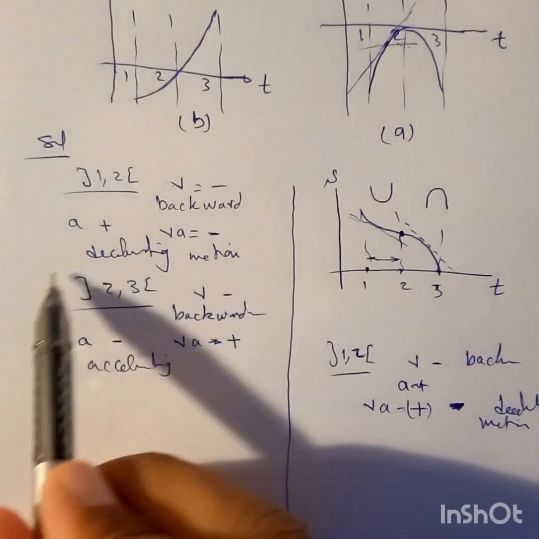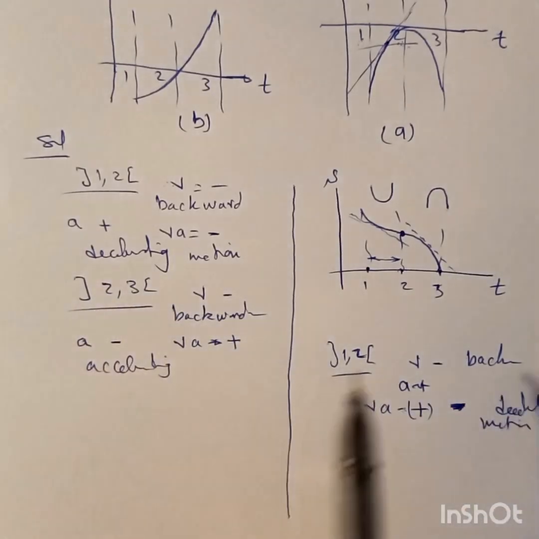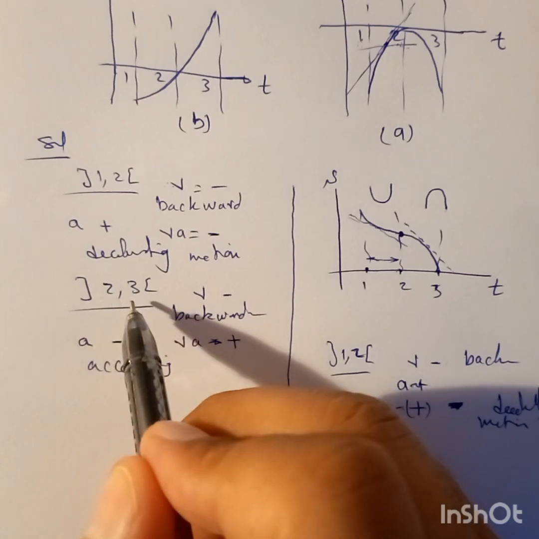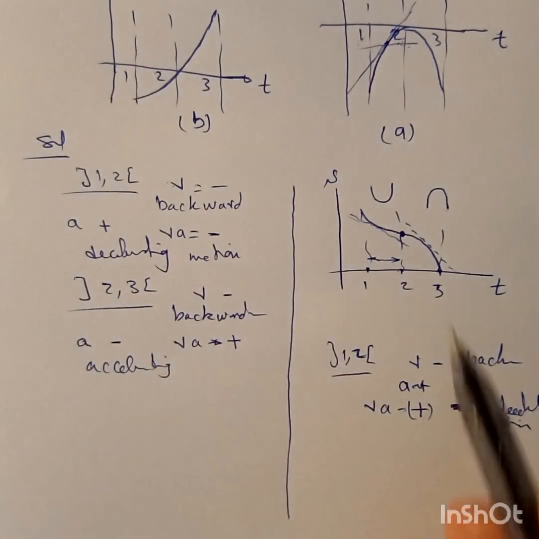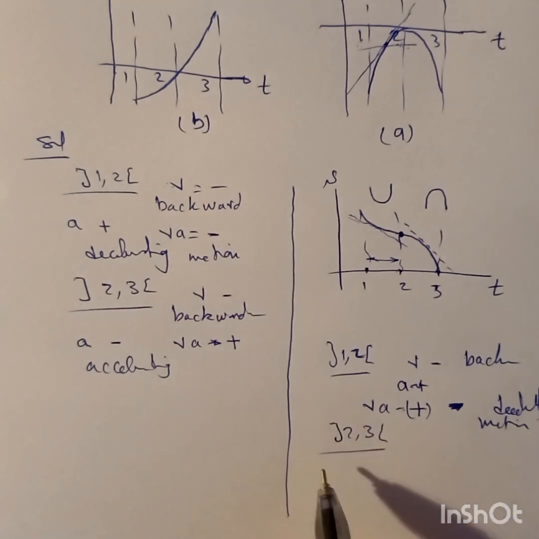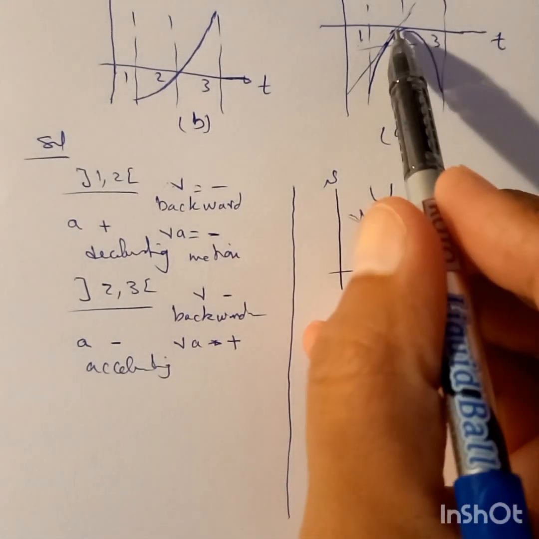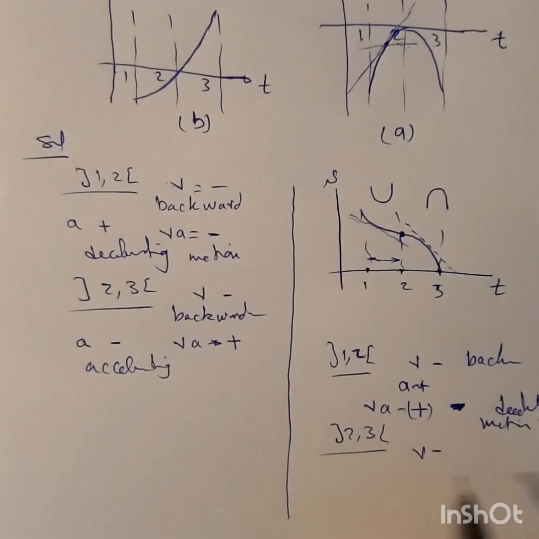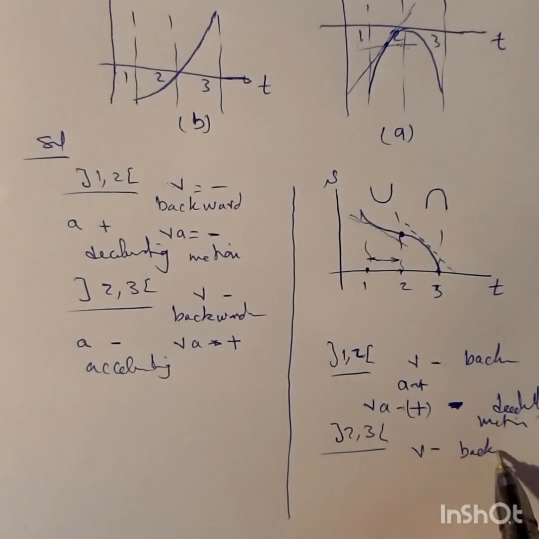Okay, we have to check also the behavior of this curve during the 2 to 3 time interval. From 2 to 3, we have to check the sign of velocity. Velocity is negative as the curve is below the x-axis, then v is negative, then the motion is backwards also.